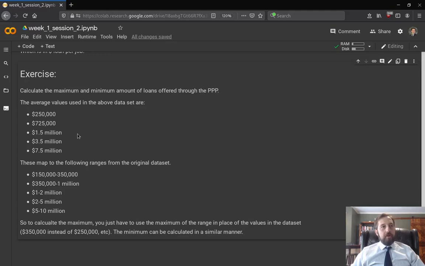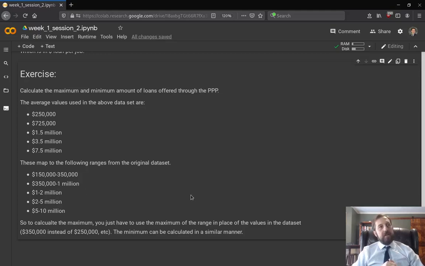How I would do this if I were you is I would create an indicator that says if the loan was 250,000, right? Create an indicator over here, and then for those different indicators, you could replace 250 with 350, 725 with 1 million.